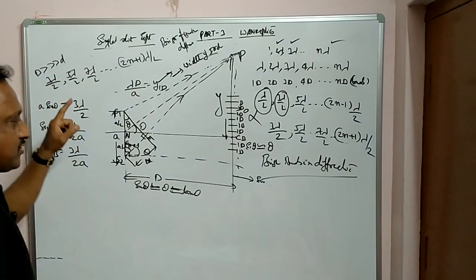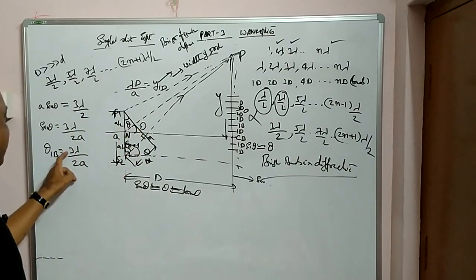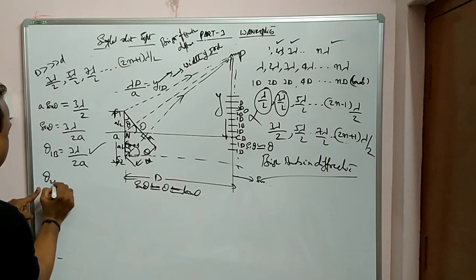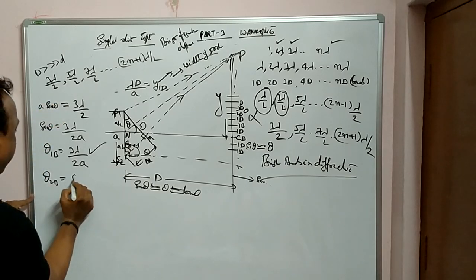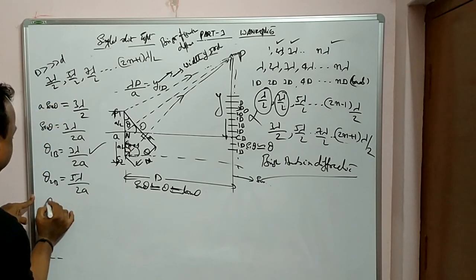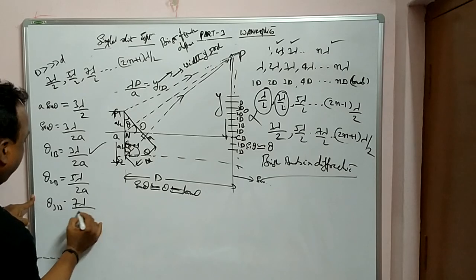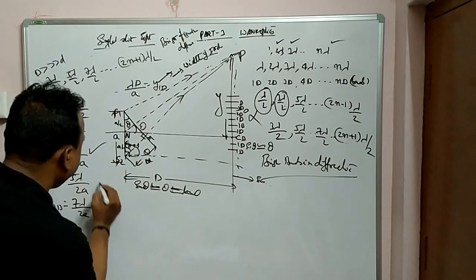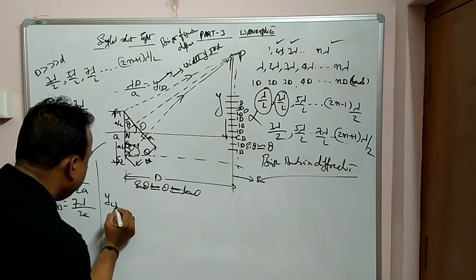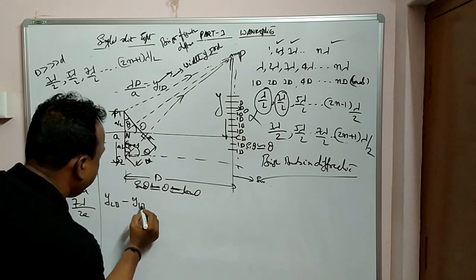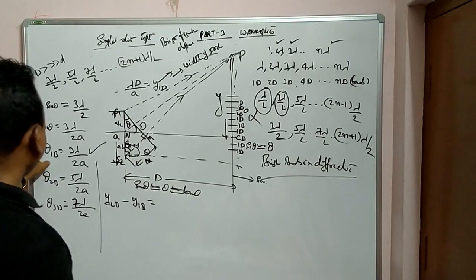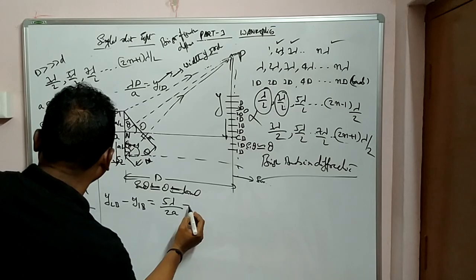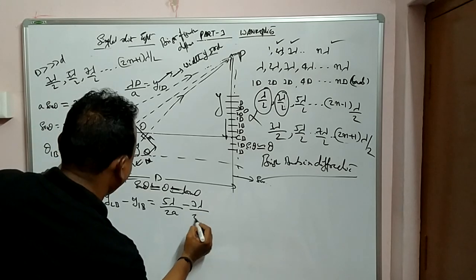You understand here. So where does the first bright form? At the angular position 3λ/2a. Similarly the second one in diffraction is 5λ/2a, and the third bright is 7λ/2a. Observe carefully, here also the angular width between any two brights. For example, second bright minus first bright, see what angular width we get. What is the second bright? 5λ/2a minus 3λ/2a.